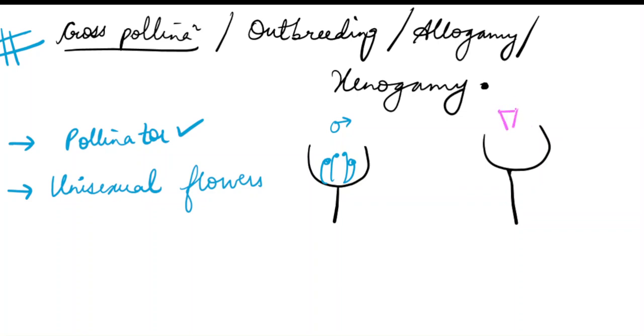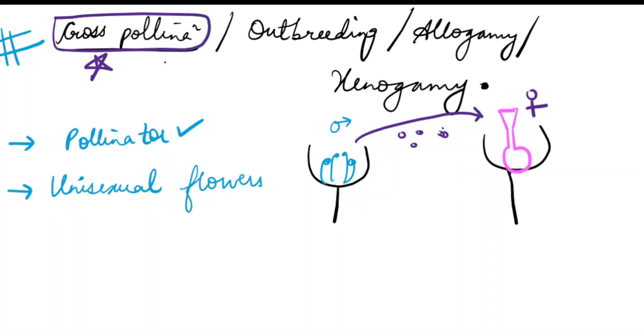So in this condition, there will be a need for this female part to get pollen from another male part. So there will be a requirement of pollen from another flower. We spoke about cross pollination occurring between two different plants.